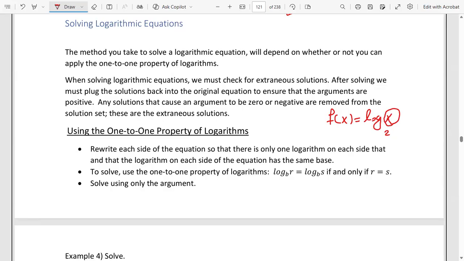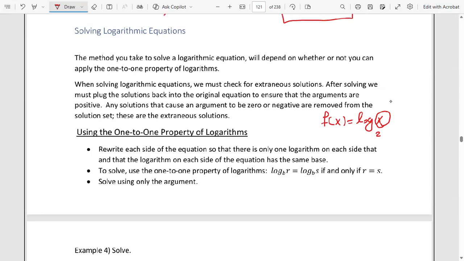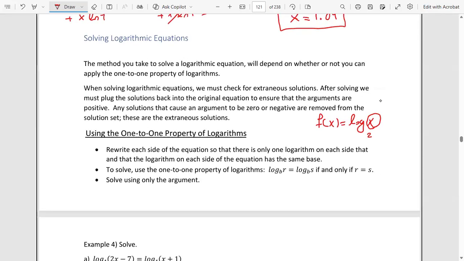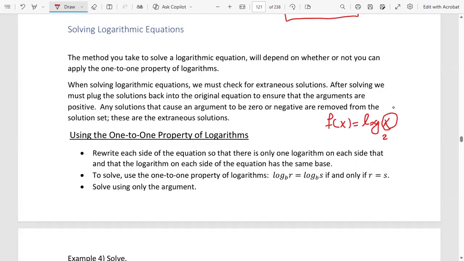That means when you are finding the domain, you have to set that greater than 0. And when you find a solution for any logarithmic equation, you also need to check the solution to make sure that that number keeps all logs, or all arguments, positive.